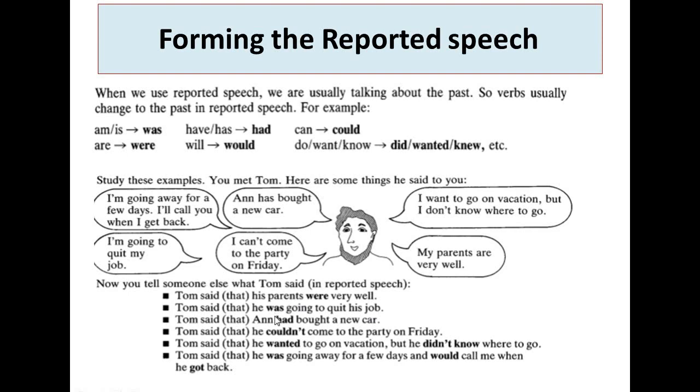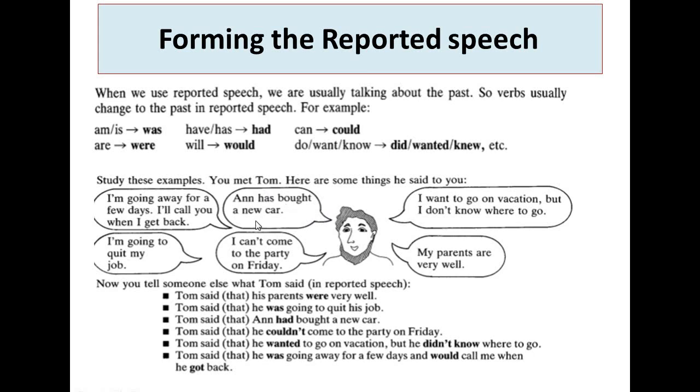Okay, he told you also that he has bought a new car. So how can you report this sentence? It often starts with Tom. So Tom said that what? "Has bought" is present perfect.